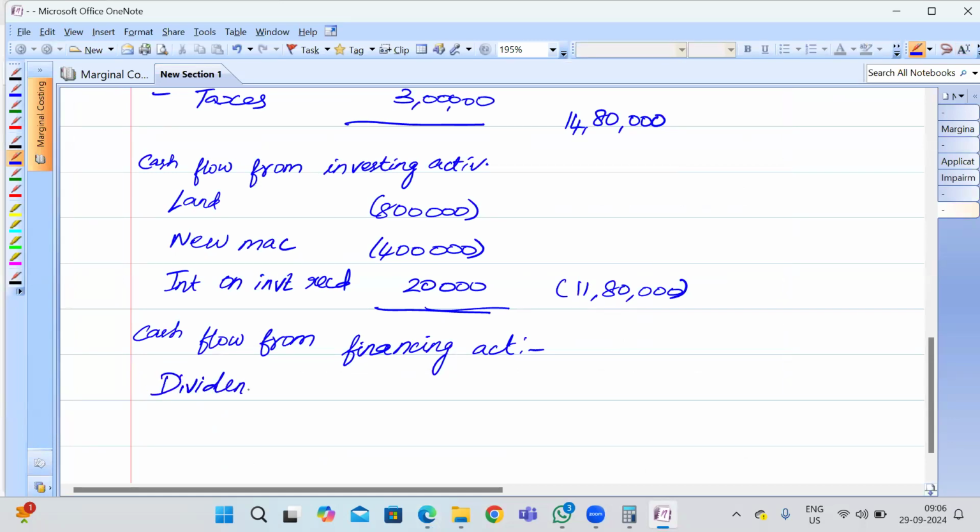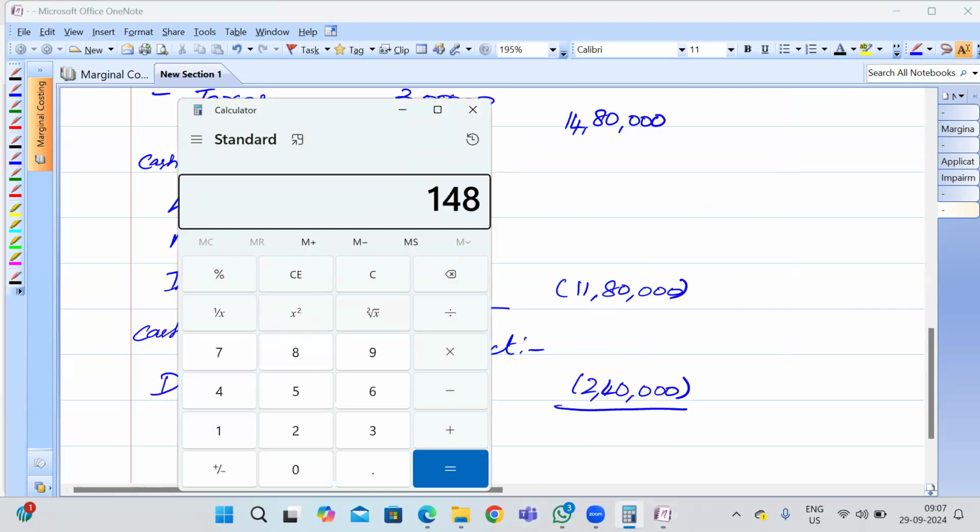This is an outflow again, so I need to reduce. So together: 14 lakh 80,000 minus 11 lakh 80,000 minus 2 lakh 40,000. So I will be getting 60,000.